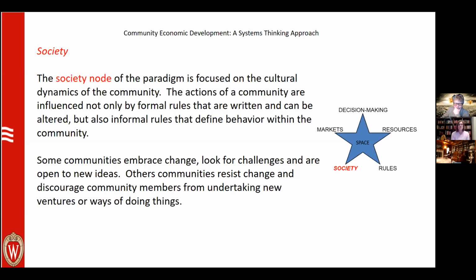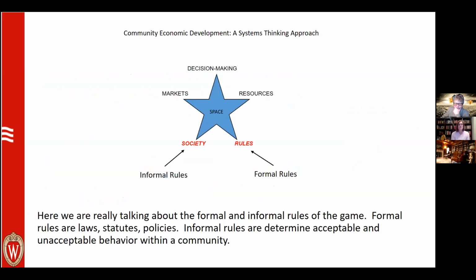We debated with him about breaking that up into two different components, because there's really two sets of rules. There's the formal rules, which is what's established in law, the regulations. Then there's the informal rules, which are the norms of acceptable behavior.